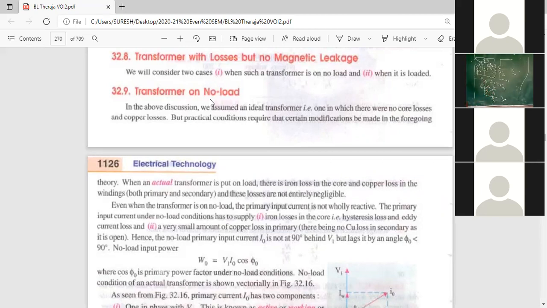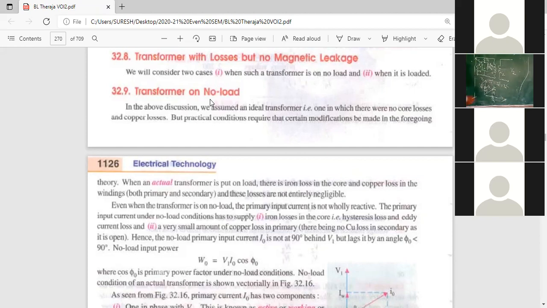Now take this right angle triangle: the hypotenuse is I naught. Therefore, hypotenuse square is equal to side square plus side square. This is one formula.